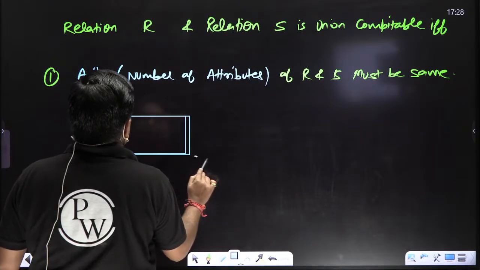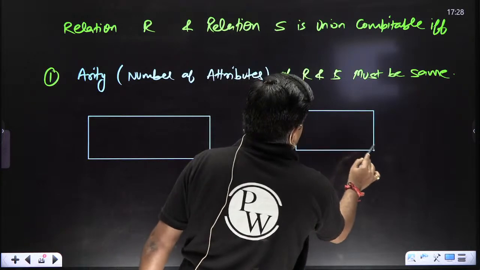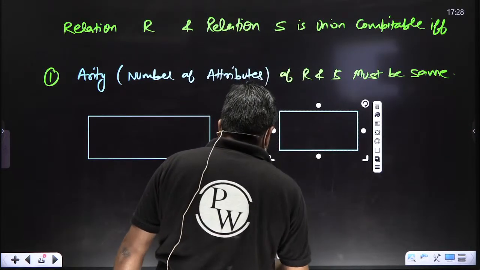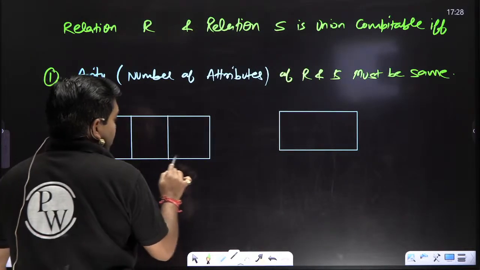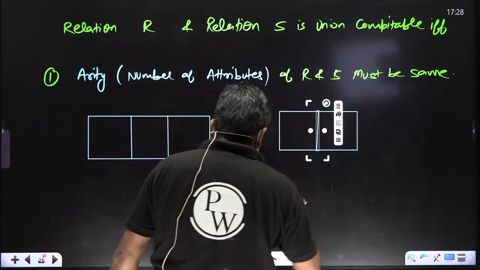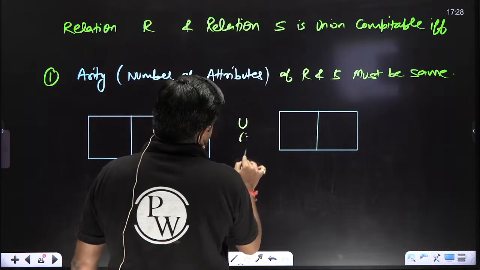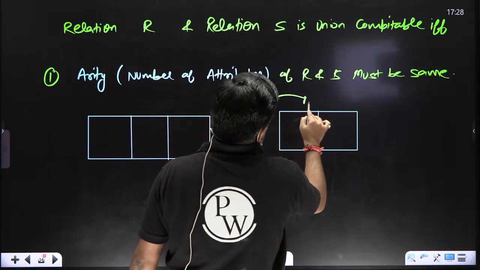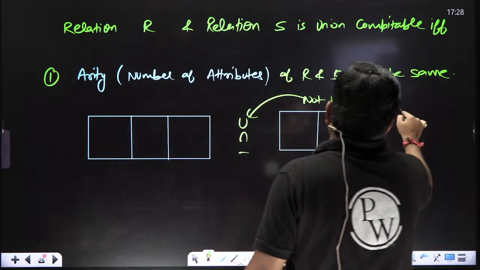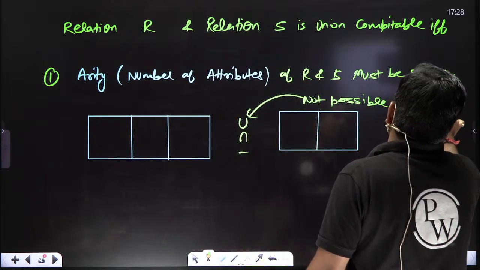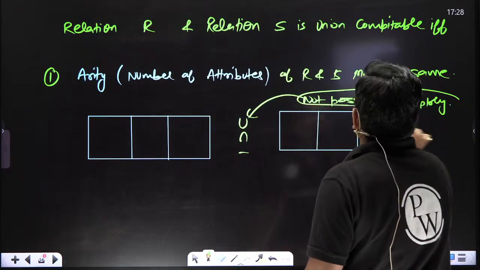For example, here one table has 3 attributes and another table has 2 attributes. Then, children, it is not possible to apply. Not possible to apply, my dear. Will the union happen or not? No, it will not.